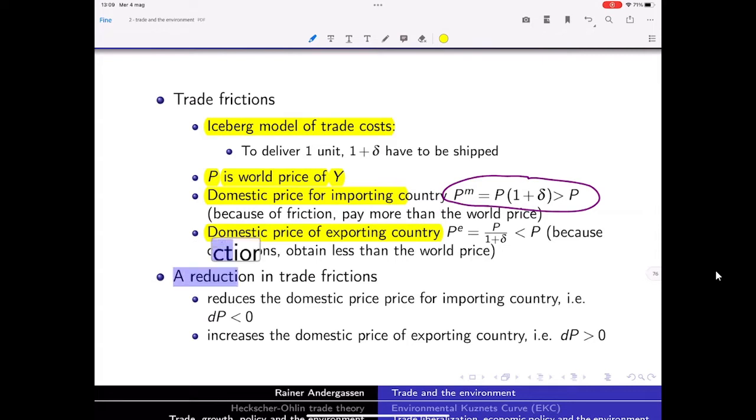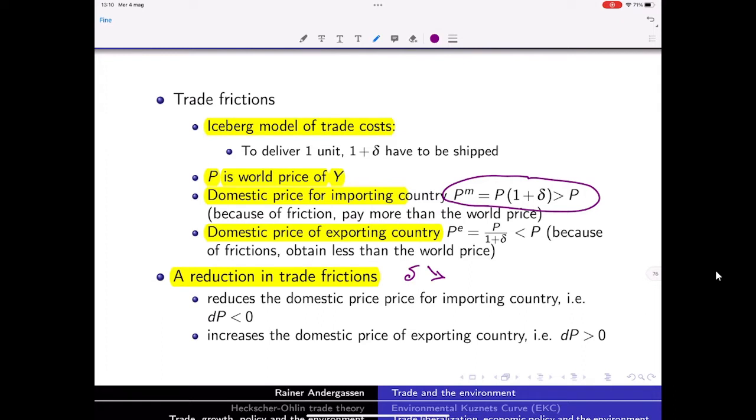trade liberalization by reducing trade frictions. So that would be reducing delta. We're going to study trade liberalization by reducing delta, which are the frictions. Now, what does this lead to? This leads for the importing country to a decline in the price.